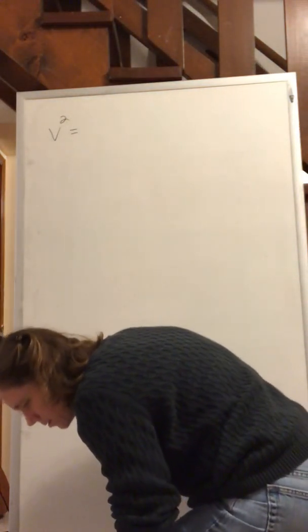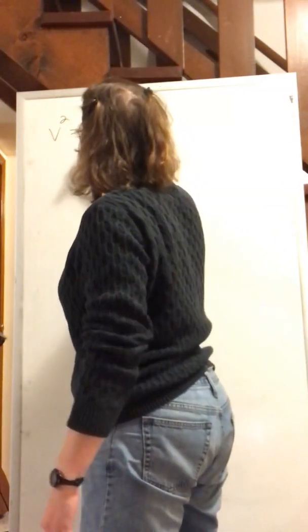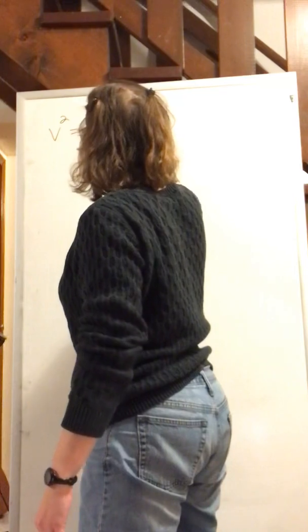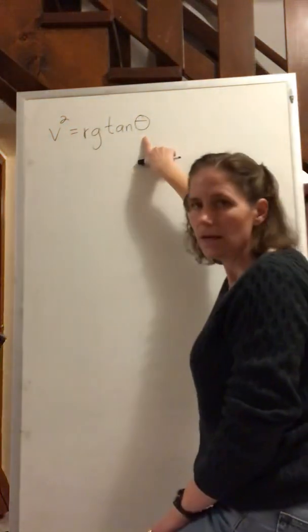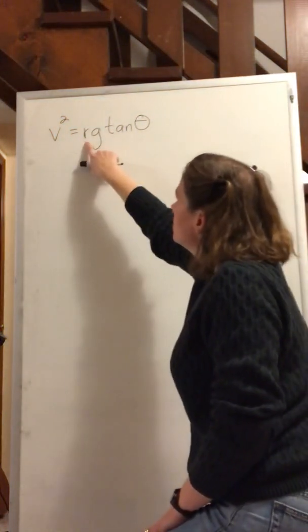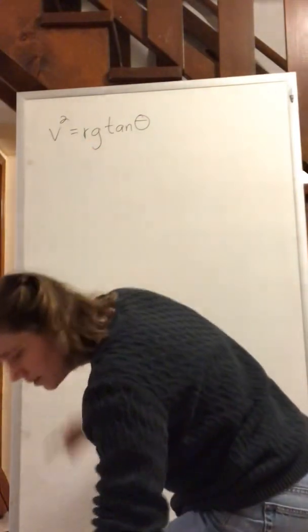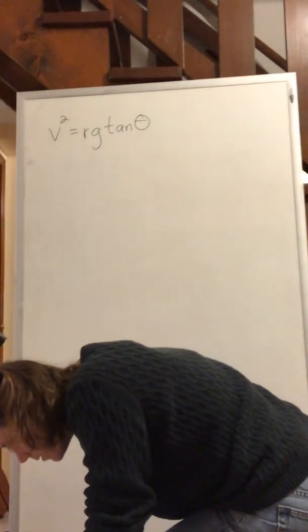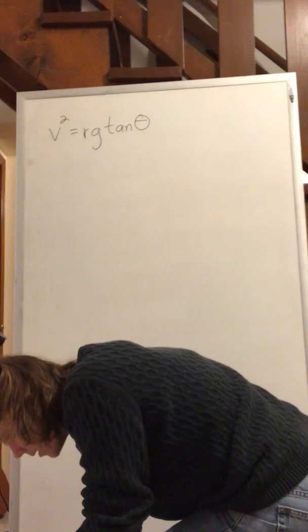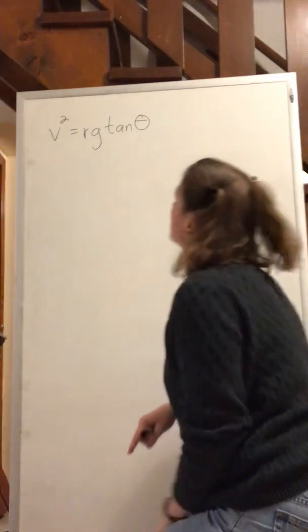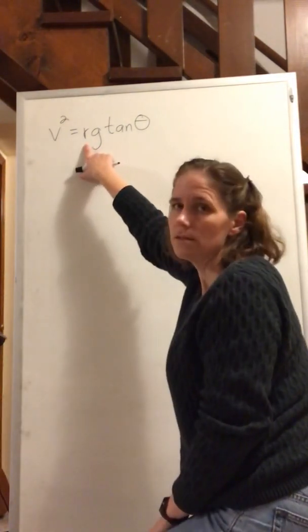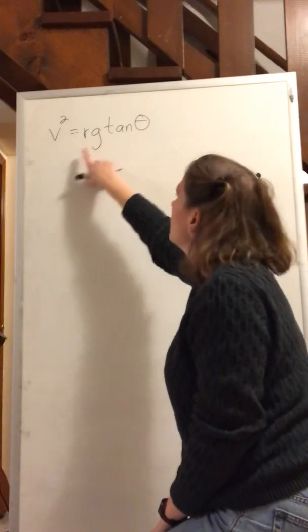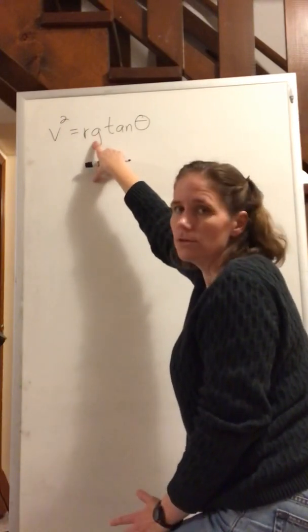So this is Rg tan theta, where this is the banking angle. This is the radius, and we're given that this is the radius of a circular arc. So we know that in a circle the radius doesn't change, the radius stays the same. G is acceleration due to gravity.